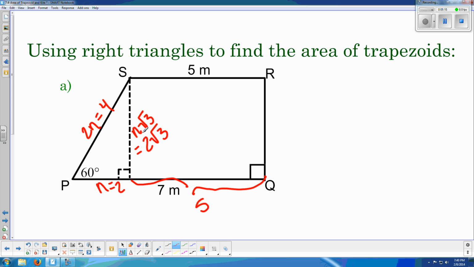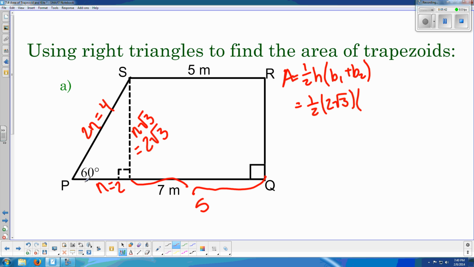Now that I know my height, I can do the problem like normal. So I have area equals 1/2 my height times base 1 plus base 2. Now remember, I can write this in two different ways, the way I wrote it on the last slide and this slide. So I have 1/2 of my height, which is 2 radical 3, times base 1.